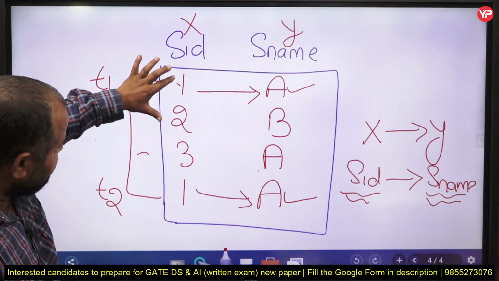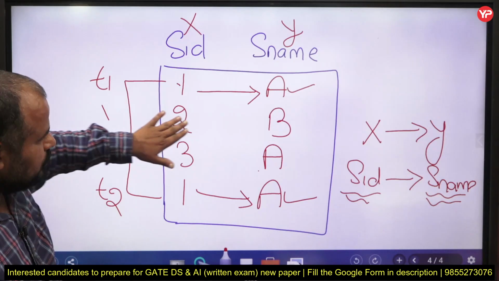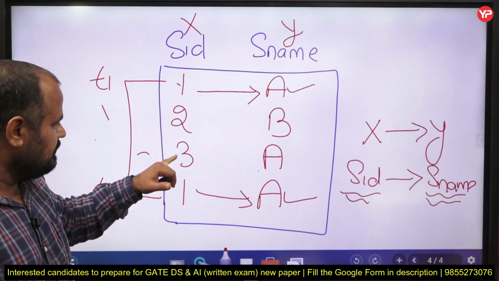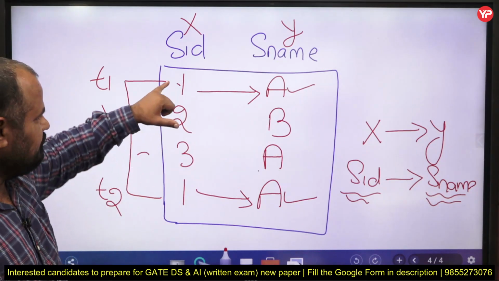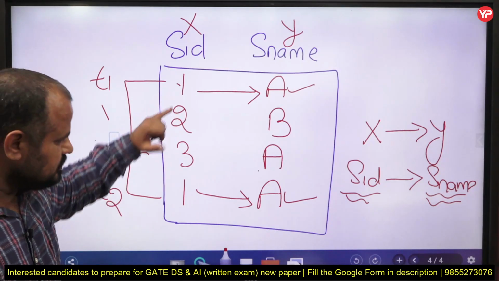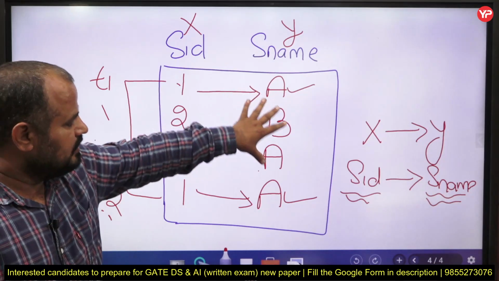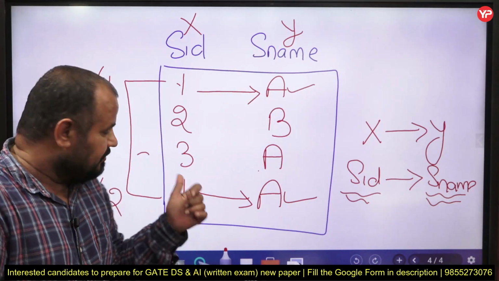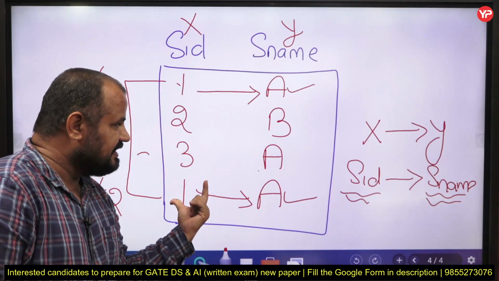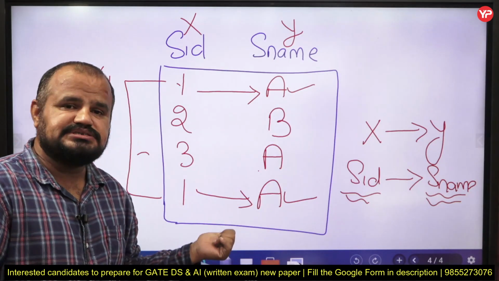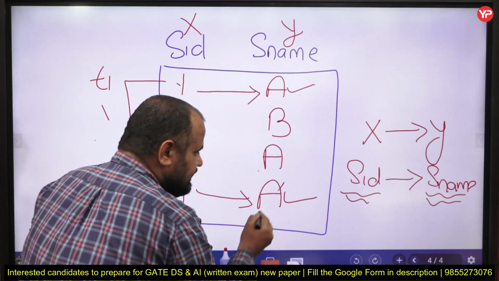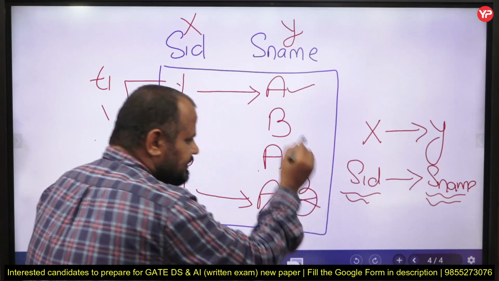It means if you call roll number 2, only B replies, roll number 3 only C replies, and if you call roll number 1, even though that record is duplicated in your table, still only A replies. Why? Because if x value is the same, then y value will also be the same. And suppose you take here some other value, that is B.